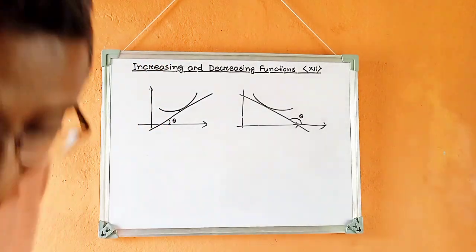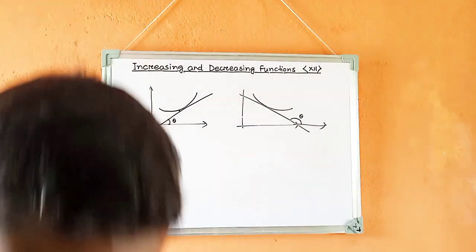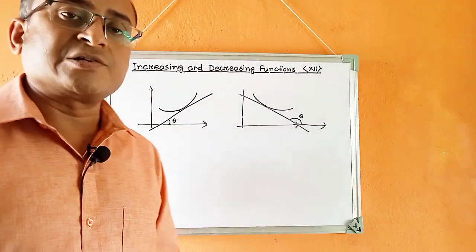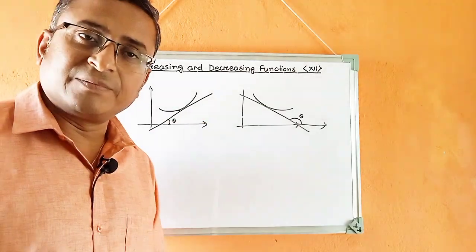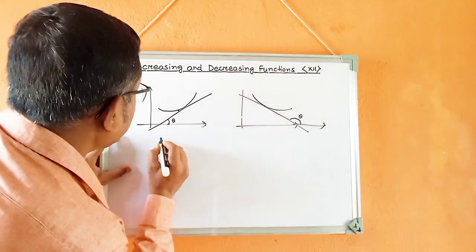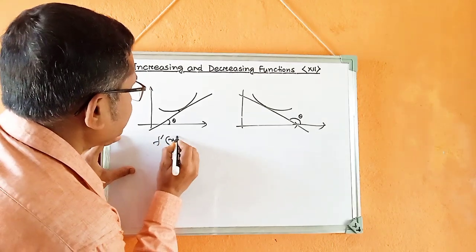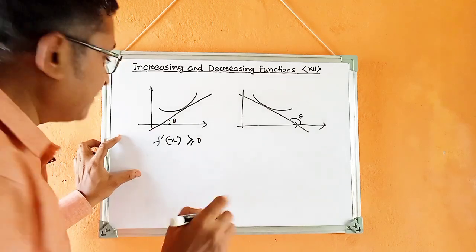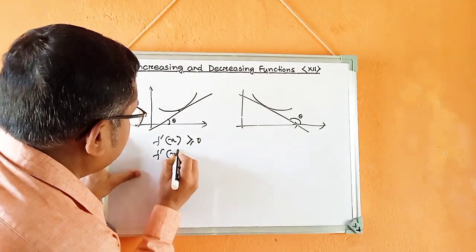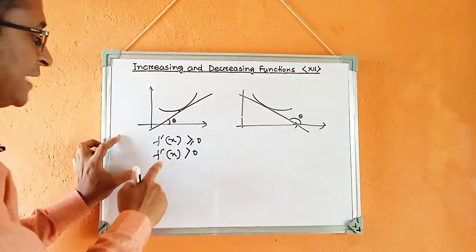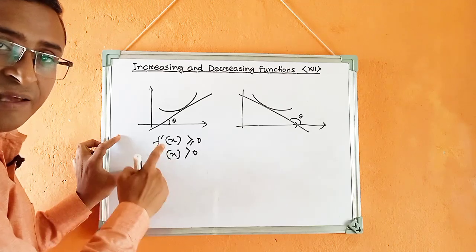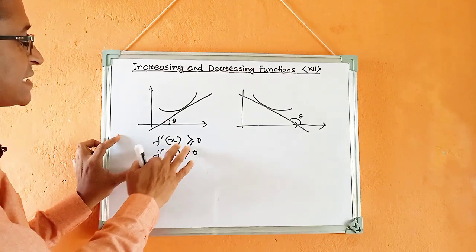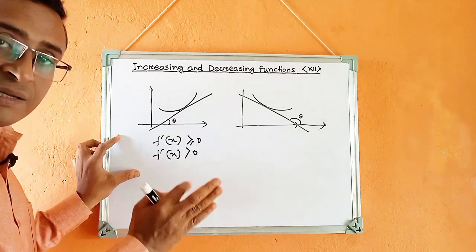Again, if a function is given, first of all we find the first order derivative, that means f dash x. If f dash x is greater than or equal to 0, this is an increasing function. If f dash x is greater than 0, only greater than, that means strictly increasing function.